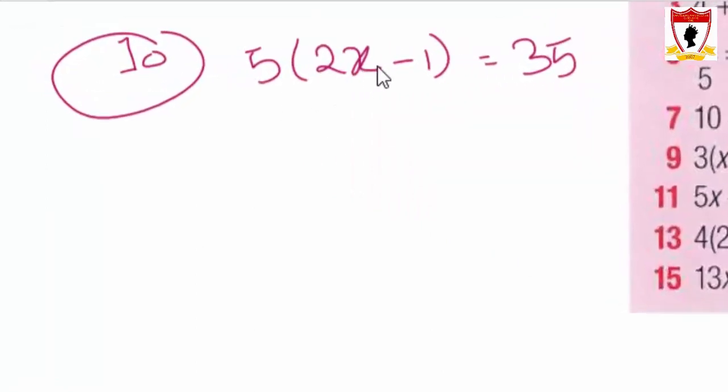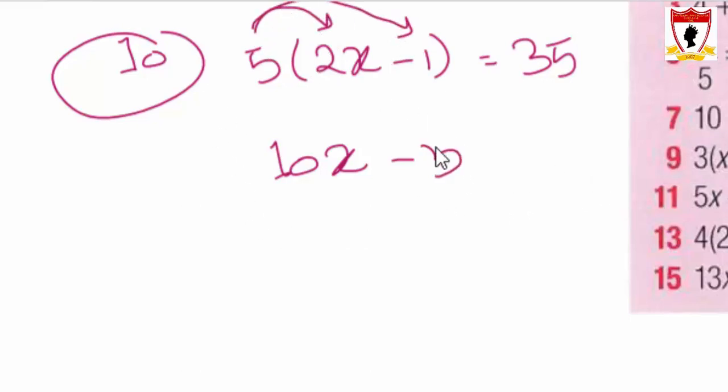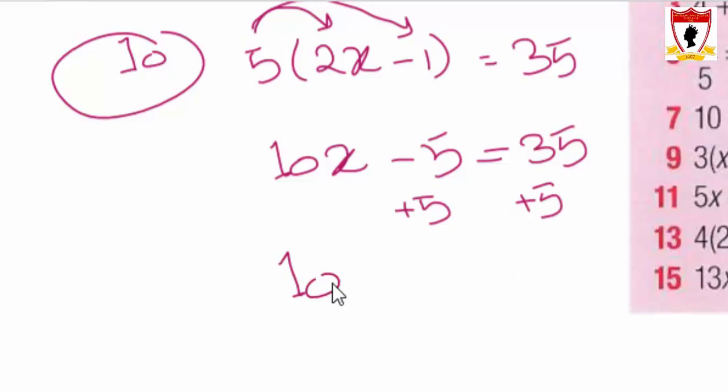Then the first thing is expanding. 5 times 2x is 10x. 5 times 1, because this 5 should be multiplied by both terms in this bracket. 5 times 1 is 5, and the negative comes down, is equal to 35. Now we have a normal equation. Firstly, we need to get rid of this negative 5 by adding 5 to both sides. Then you see 10x is equal to 40.